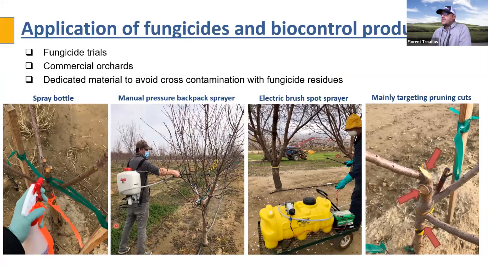So now that we detected some of these biocontrol agents, the idea for us was how to facilitate application of this product in the orchard. When we typically run trials, we would work with a water spray bottle, which is not anything a grower could do, in terms of being time consuming. So we also questioned the idea of using a backpack sprayer where we would only target the pruning cuts made for scaffold selection, and then look at electric brush spot sprayers also to have larger volumes and to target these pruning cuts.